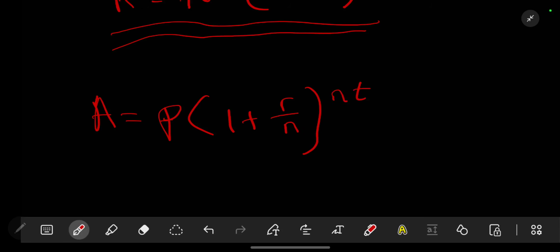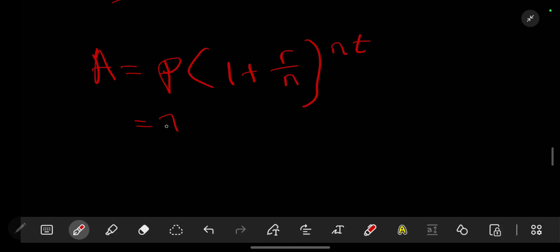So we have our nt there. Our principal is 700. Then we have 1 plus our R, which is 6%, over our 4, to the power of N times T, which is 4 times 5 years.